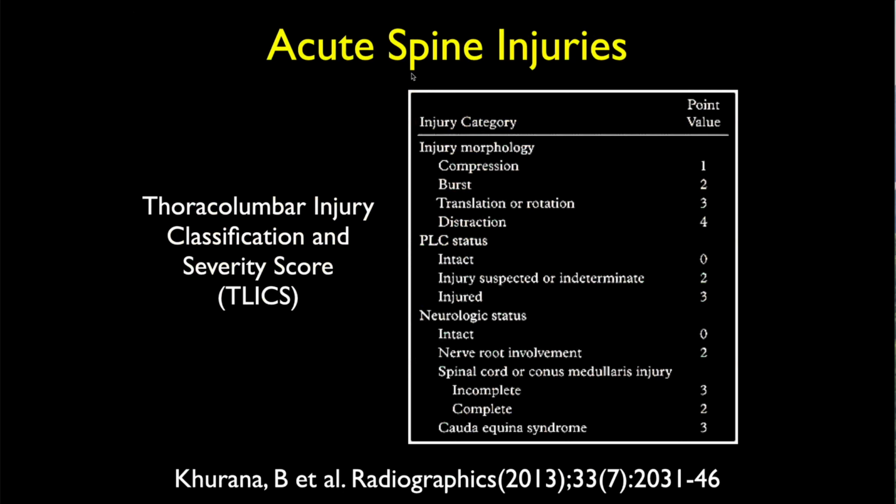Okay, now let's talk about acute spine injuries. There is a classification system that's been published. If you're in a hospital or a high-level trauma center, I think this is one that's relatively commonly used. In the outpatient setting like we have, we don't see this kind of trauma.